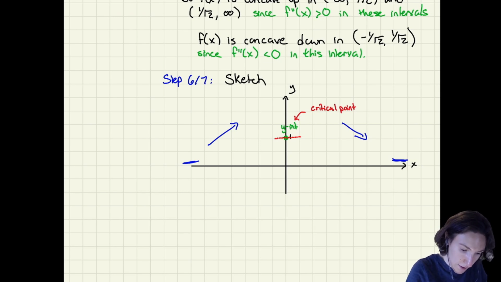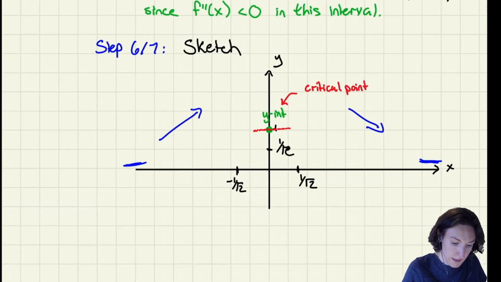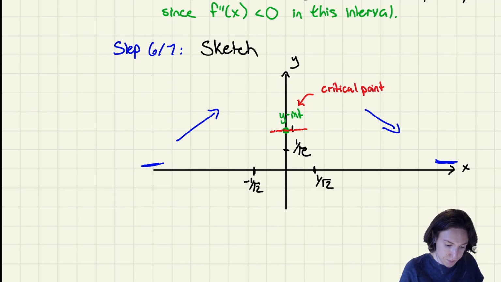Somewhere here I'm going to say that's 1 over root 2, and somewhere here this is negative 1 over root 2. And let's say here is 1 over root e. Actually, maybe that's too small. Let me zoom in here. And then I have 1 over root e.